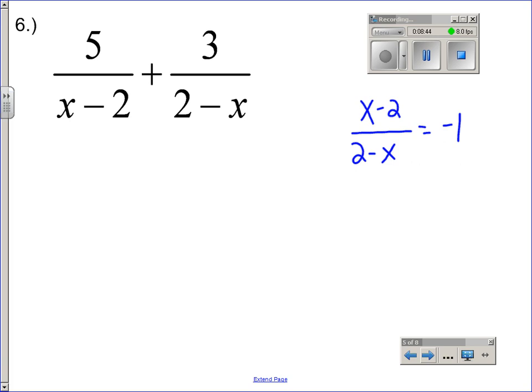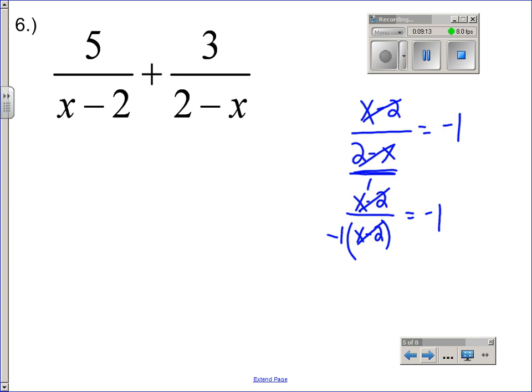And that's because if you take the bottom and you factor out a negative 1, so we have x minus 2 on top, factor out a negative 1. So if I take out a negative 1, then it's going to be x minus 2. So then those cancel, which equals negative 1. So x minus 2 and 2 minus x cancel out to be a negative 1.